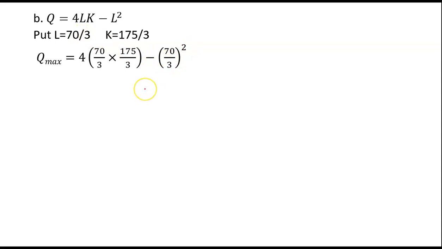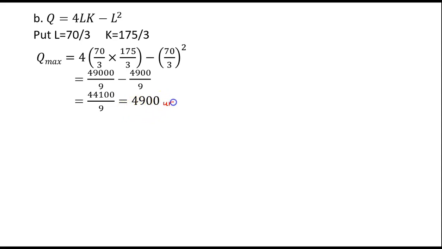Square. So when you simplify, you get 49,000 over 9, minus 4,900 over 9. And that gives you 44,100 over 9, which is 4,900. So the maximum output level is 4,900 units.